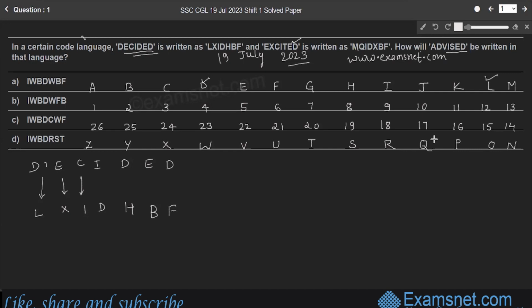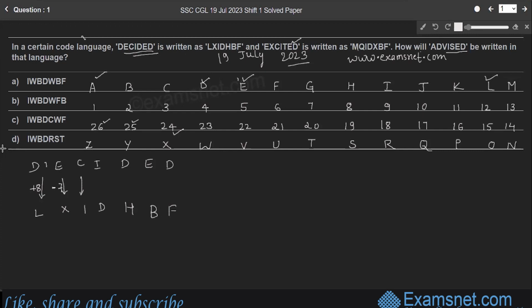Therefore, we can write D plus 8 is equal to L, right? Whereas positional value of E is 5, of X is 24, right? So we can write E minus some value, right? Here E minus 4 is A, minus 5 is Z, minus 6 is Y, minus 7 is X. So E minus 7 is X.